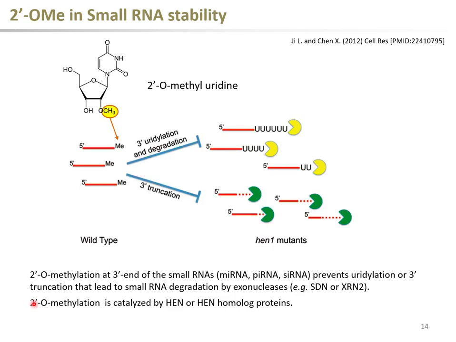2'-O-methylation of the ribose at the 3' end of small RNAs protects the small RNAs from uridine addition by terminal uridylyl transferases, thus preventing the RNA from entering uridylation-dependent RNA decay pathways and prolonging the RNA half-lives.